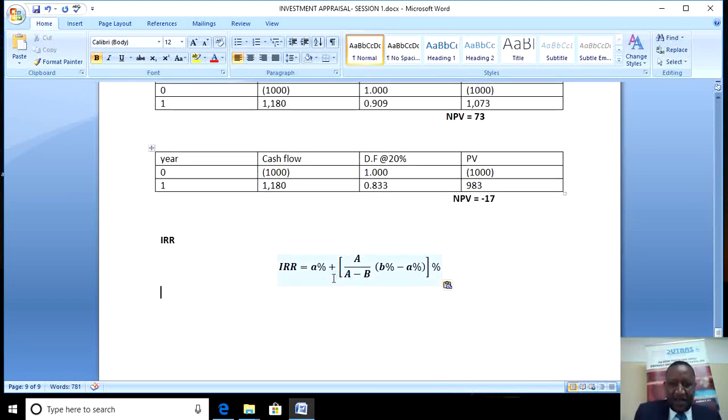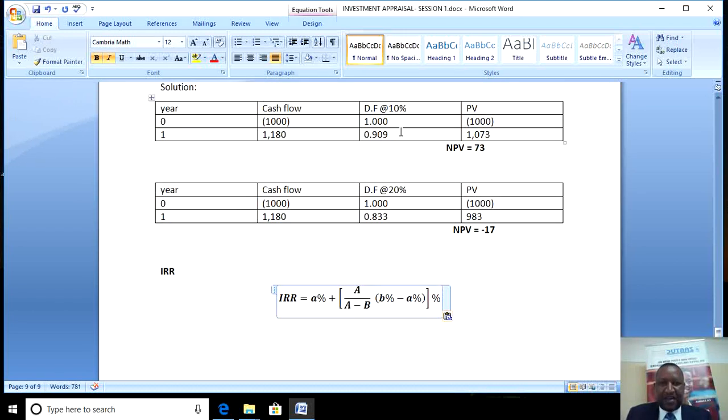Now this is the thing, A% results in NPV of A. So A% gives us a positive NPV, B% gives us a negative NPV. So which rate is giving us a positive NPV? That's 10%, giving us the positive NPV of 73. So A% will be 10%, capital letter A will be the NPV of 73.